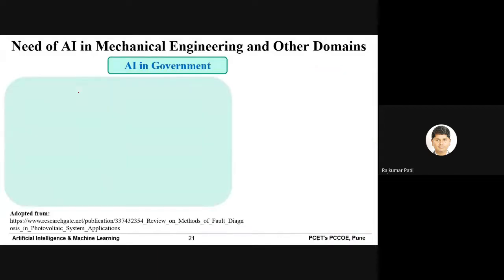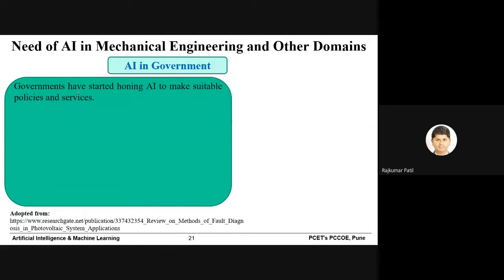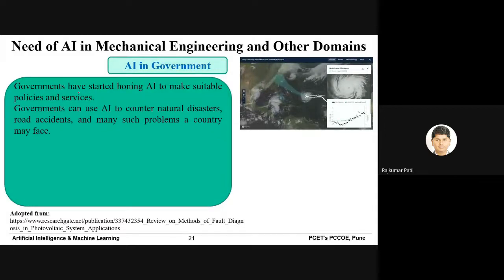Again, in the government sector also, most of the financial decisions taken by governments are slowly being linked with AI. For example, to predict a natural disaster and how much the loss due to it will be, various models are used. In the case of a cyclone, when it starts moving towards a particular country, a model is created by considering many parameters.